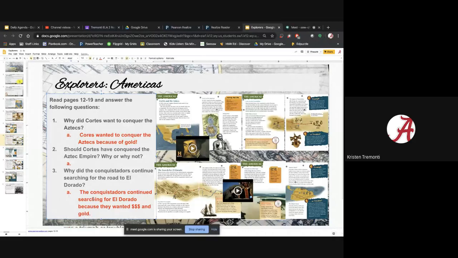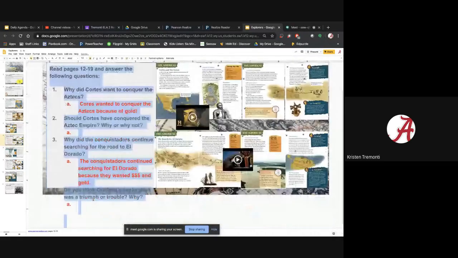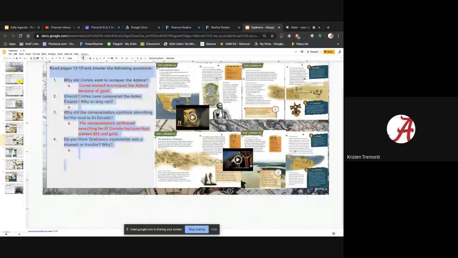Yes, they wanted that money. They wanted that gold. They wanted to be rich, to have all these spoils and splendor. And they thought, oh, I just got to find that El Dorado, the golden one. He knows where all the gold is. He's hoarding all the gold somewhere. So the conquistadors continued searching for El Dorado because they wanted that money, that gold, everything El Dorado had.